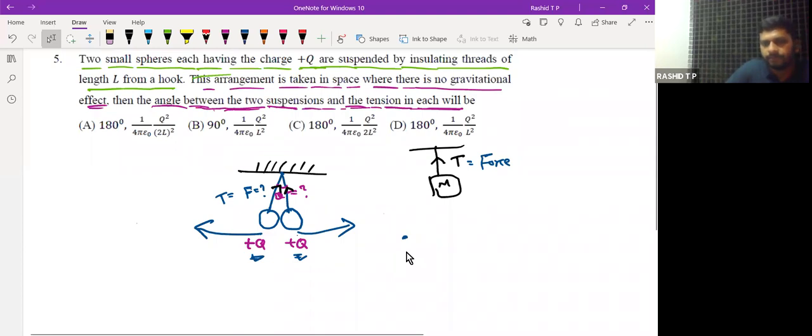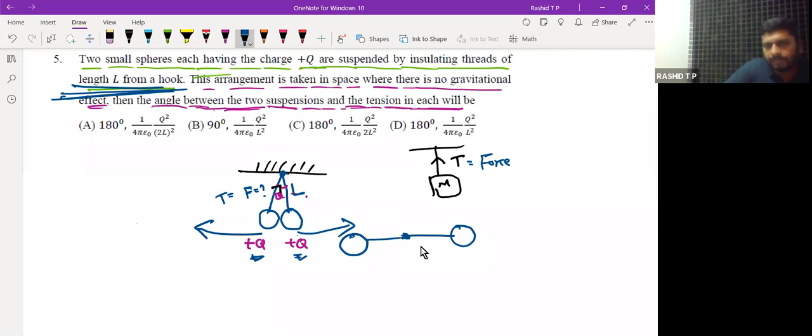Now, this is the point of suspension. Then one sphere will go in this direction because its length is already given. This is the length L already given in the question. Another bob will move in this direction because both are positively charged spheres, plus q and plus q.